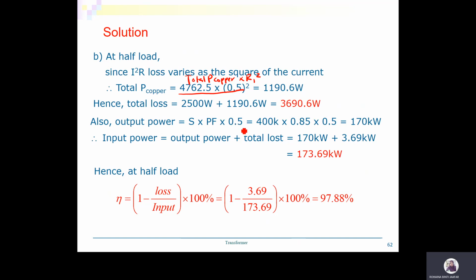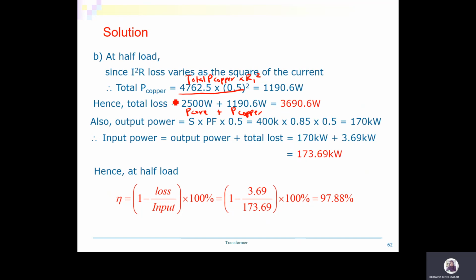So you will get 1190.6. To get the total loss, total loss is equal to P core plus P copper.